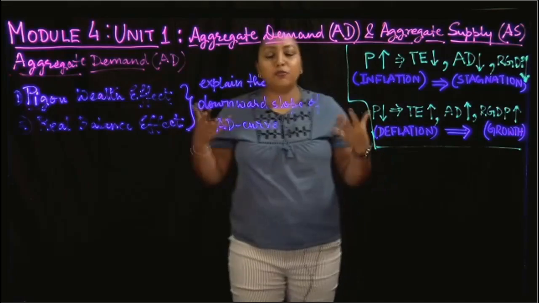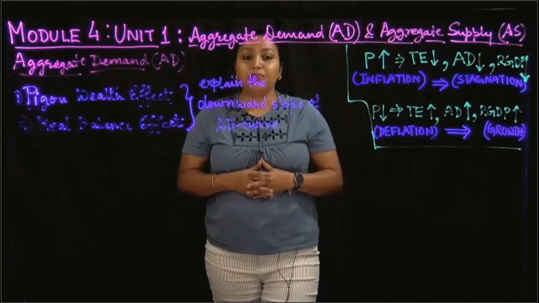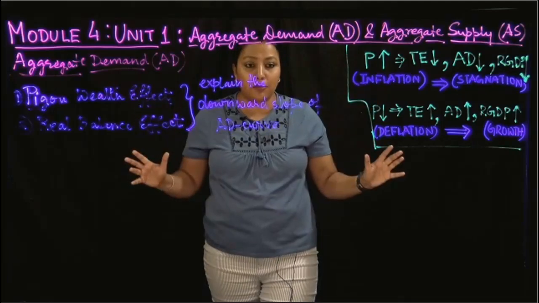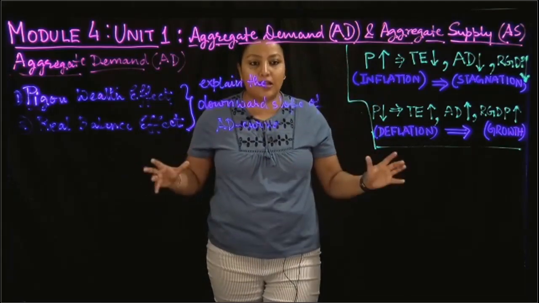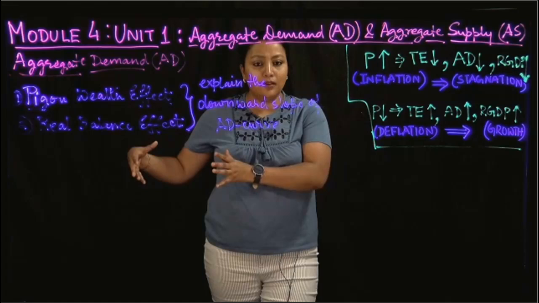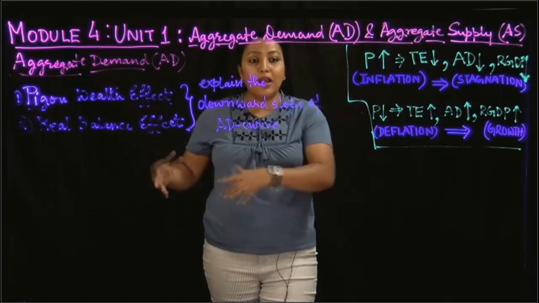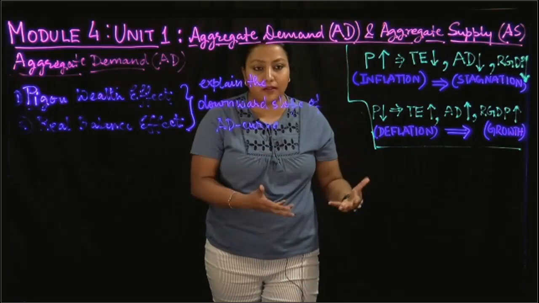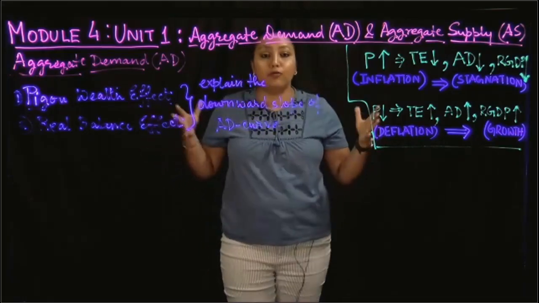In other words, let's say you have a big house and you have some stocks of a company. So these are your assets. You have some housing wealth, the house is your housing wealth, and you have the stocks of a company which is your non-housing wealth, right? So you have this volume of wealth.